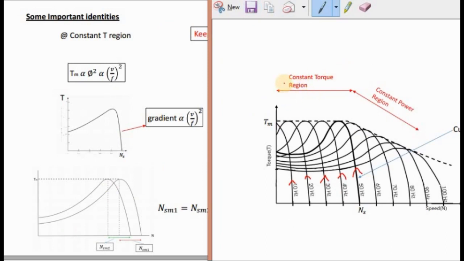Now if you concentrate on this constant torque region, maximum torque is proportional to V by F. So we keep V by F as constant. So Tm, or maximum torque or pull out torque, in this region is a constant value.